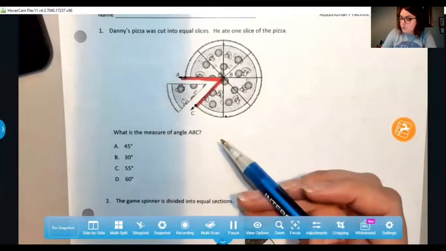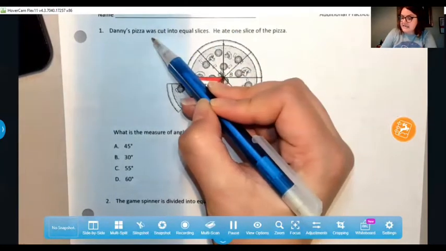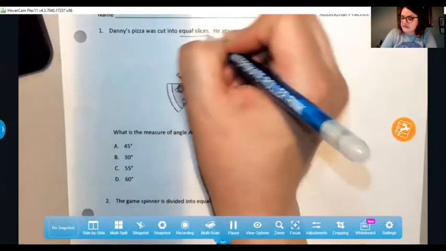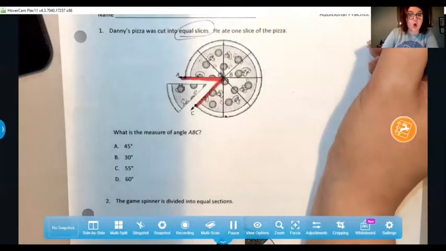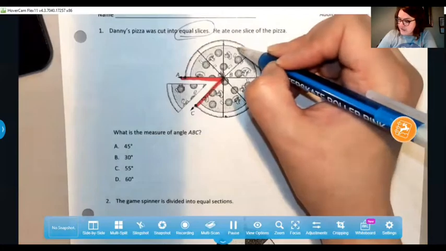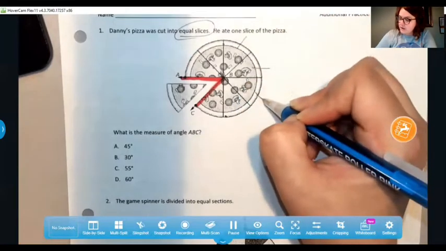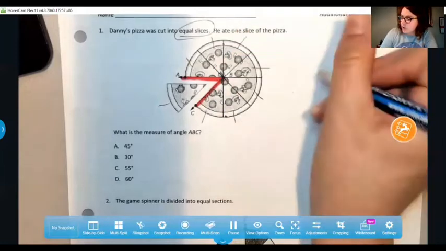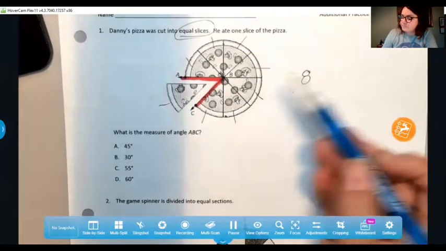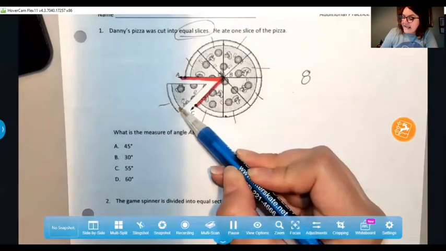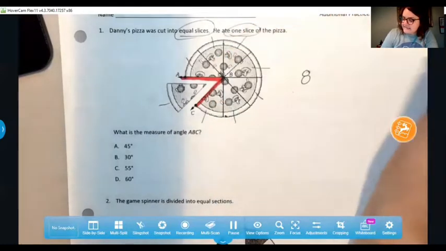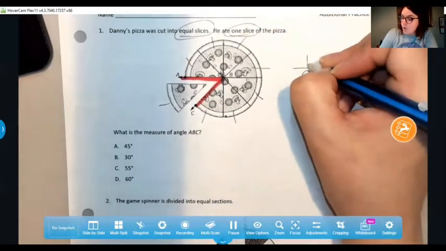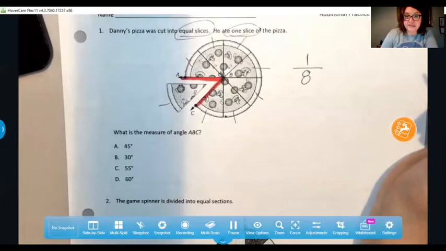We know that Danny cut it into equal slices, so let's see what the whole is first. We've got 1, 2, 3, 4, 5, 6, 7, 8 is our whole. And he ate 1 slice of the pizza, which means 1 is our part.